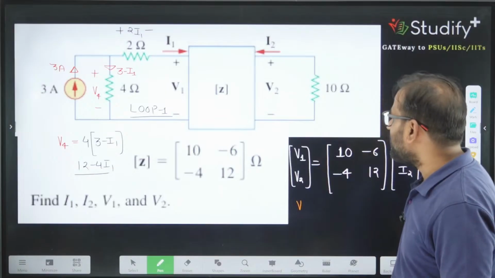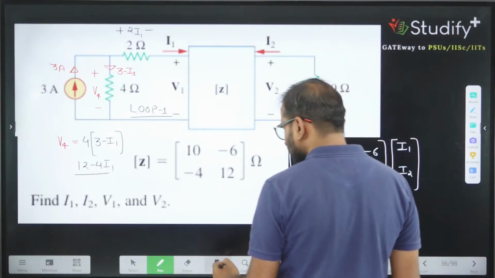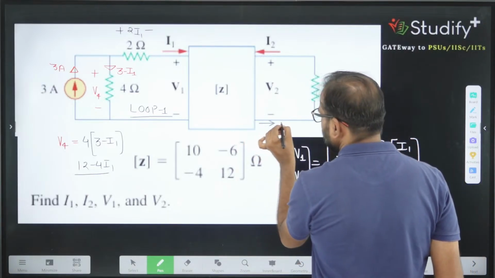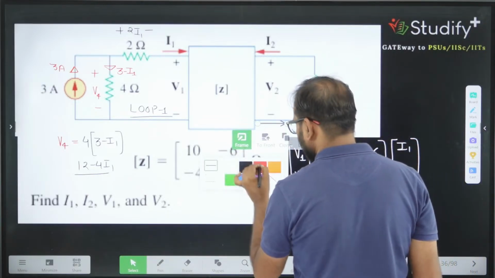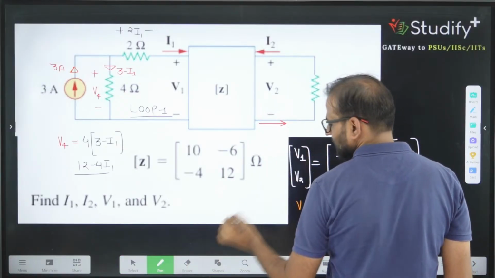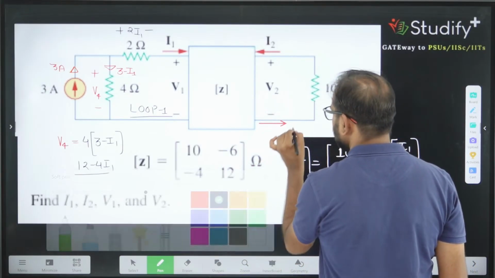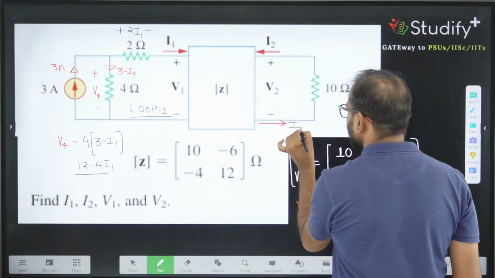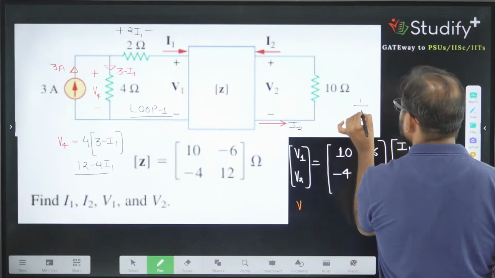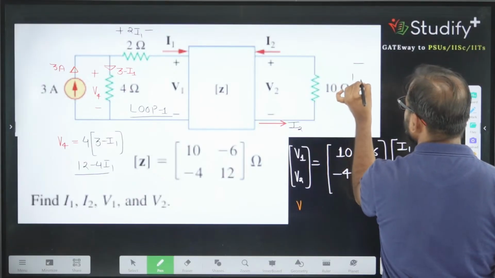What is the next equation? The current going into the network is I2, so the current coming out of the network is also I2. If current I2 is entering from here, the potential drop is plus or minus 10 I2.